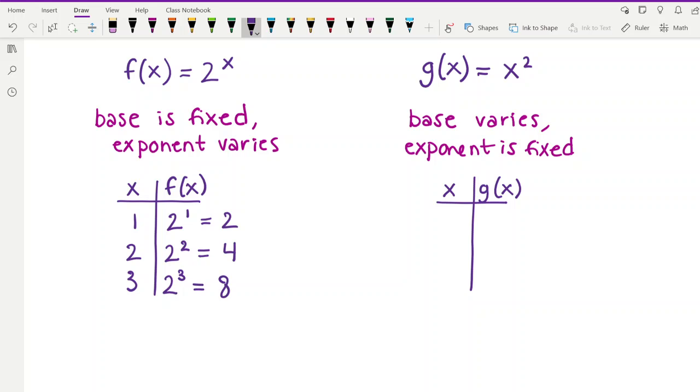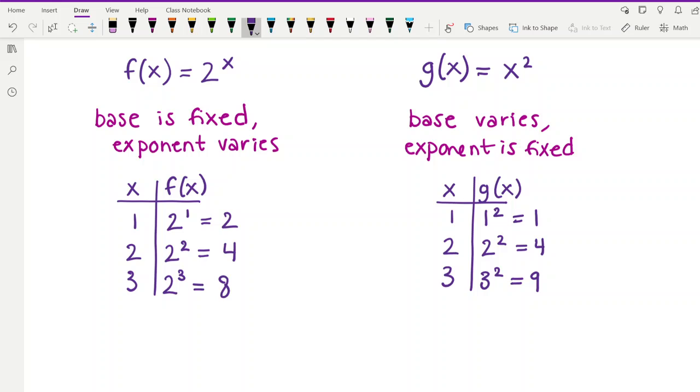So notice that at these 3 different places where we're evaluating, it's always 2 being raised to different powers: 2 to the first, 2 to the second, 2 to the third, etc. Whereas if we fill out a table in the same way for the x squared function, now it's going to be 1 squared, which is 1, 2 squared, which is 4, and 3 squared, which is 9.